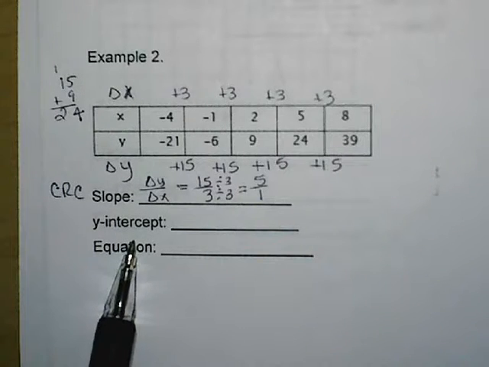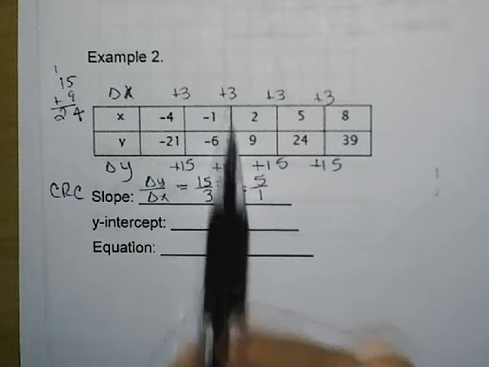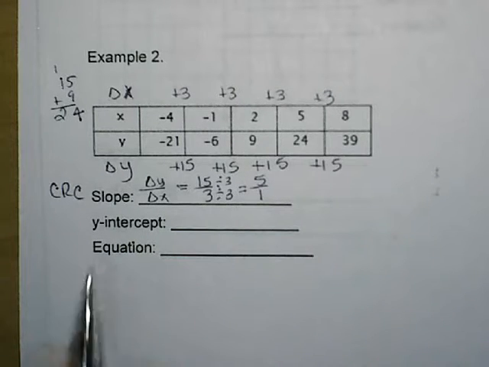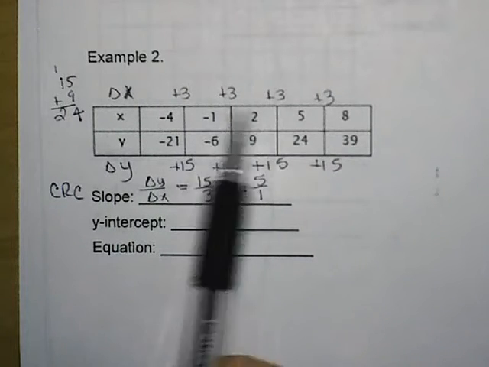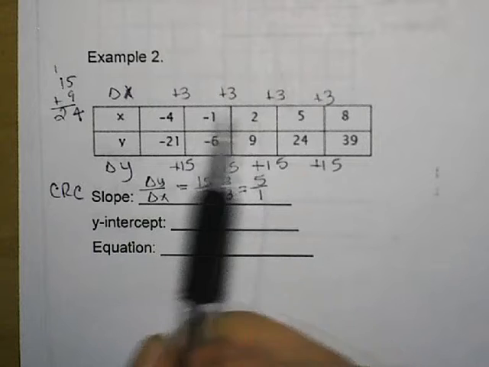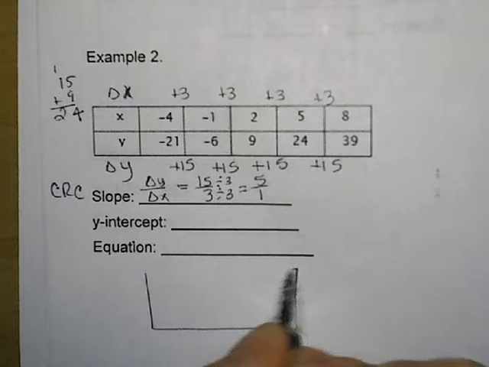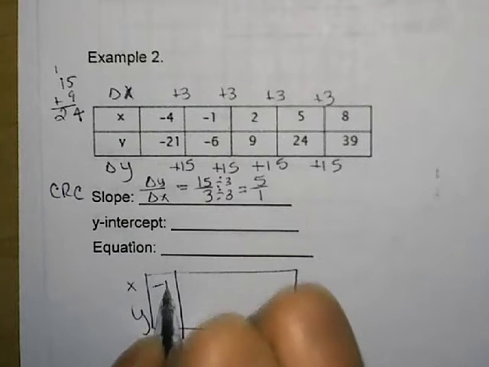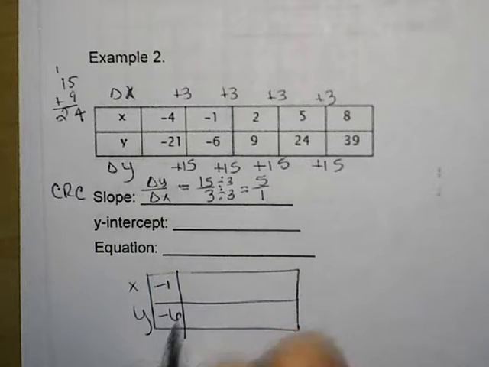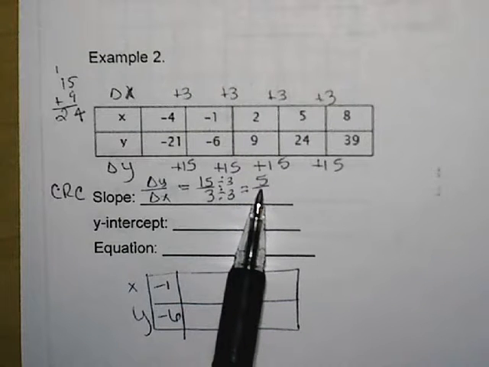But the y-intercept, if you notice, there is not any zeros. But I do know that 0 is just in between -1 and 2. So since these are going up, or there's 3 in between, I'm going to make another table down here for x and y. I'm going to start with my -1 and -6. And I notice that my slope is going up by 5.